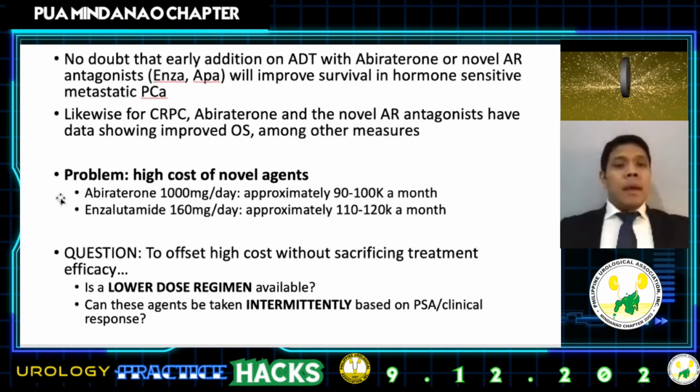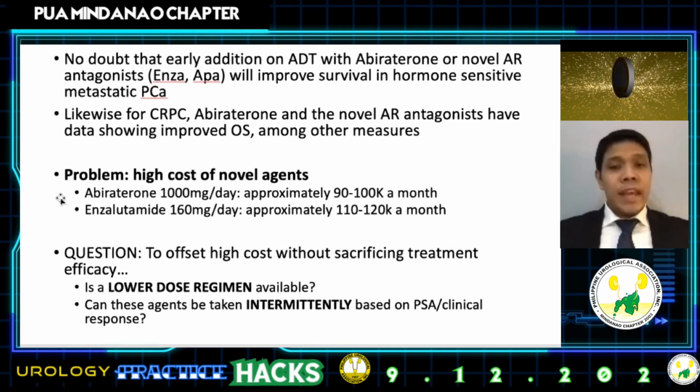Now, there's no doubt that in metastatic hormone-sensitive and in pre- and post-chemo metastatic castrate-resistant prostate cancer setting, novel AR antagonists and abiraterone provide significant survival benefits, so no question. However, the problem is the high cost of these novel agents.